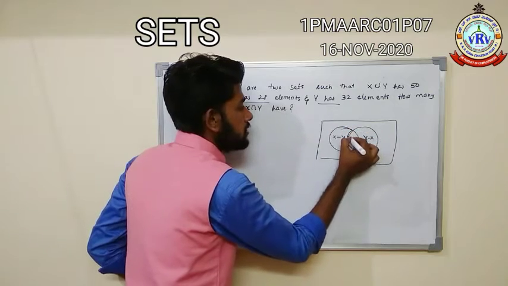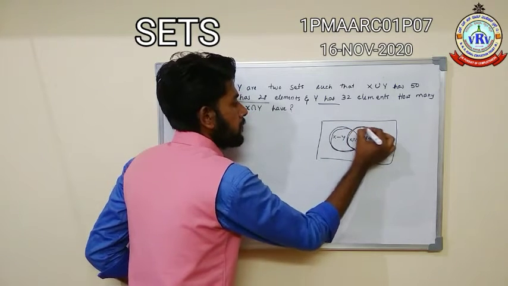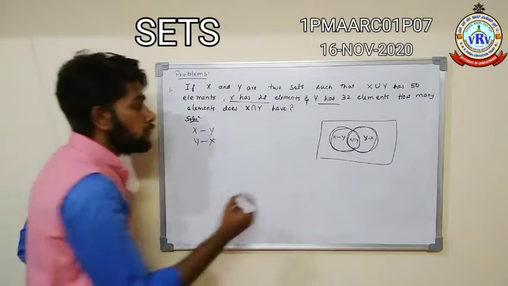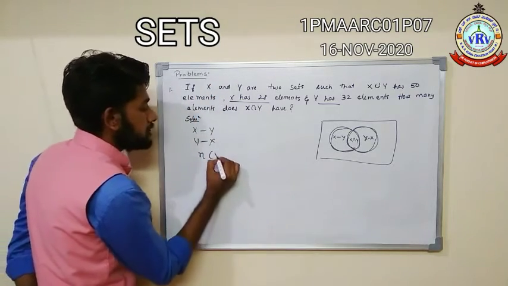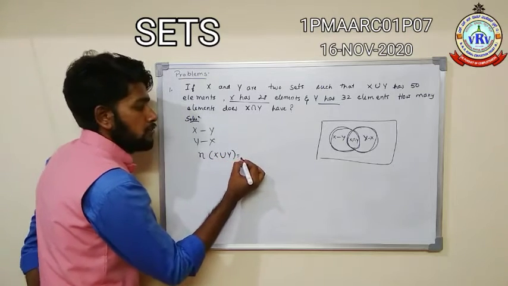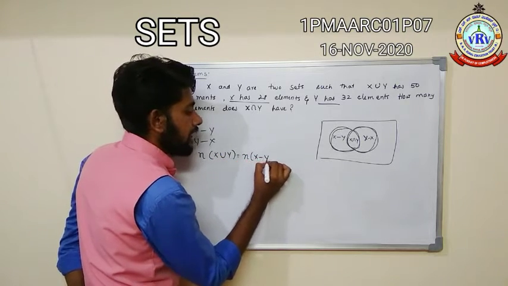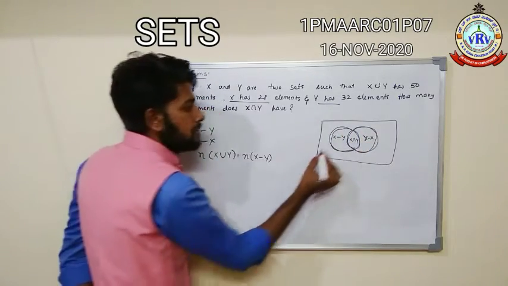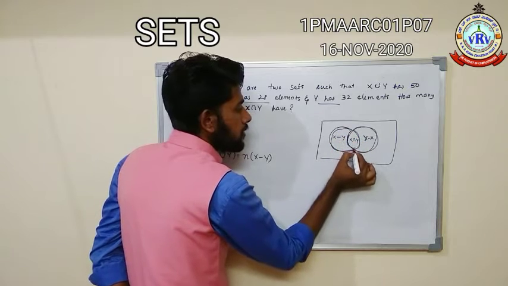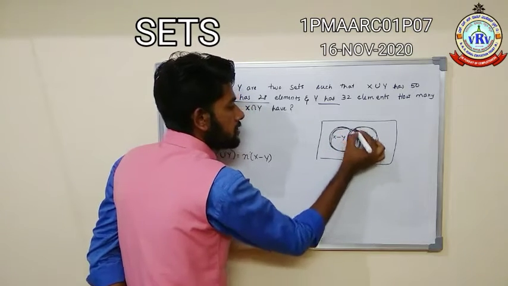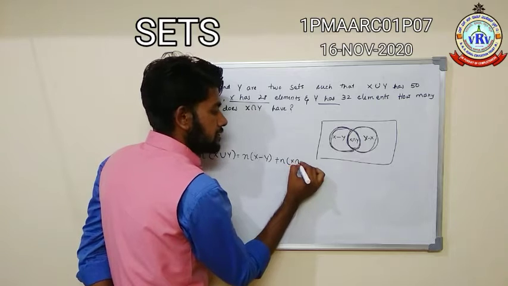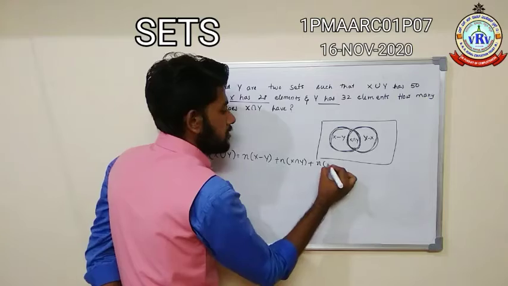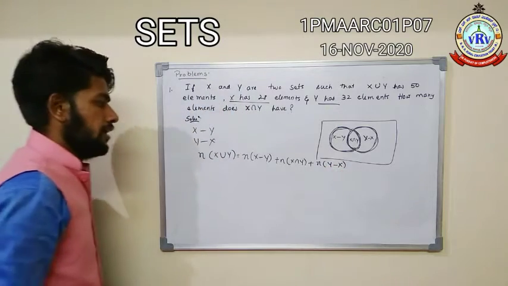So these three, 1, 2, 3 are disjoint sets. Therefore, the number of elements in x union y, which is the entire portion enclosed by the circles, is equal to the number of elements in x minus y plus the number of elements in x intersection y plus the number of elements in y minus x.